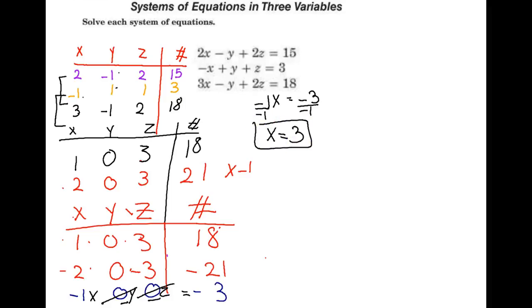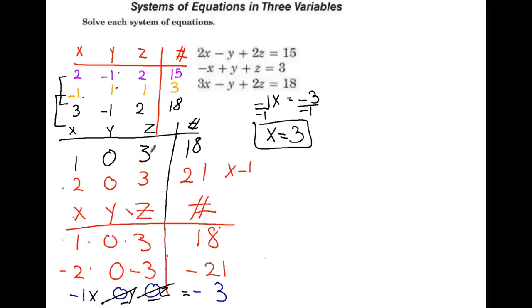Once we find the first variable, we need to look for an equation that has two more unknowns, and one of them has to be x. If I look at this equation, no zeros, so I cannot use this one. This one has a 0, so we still need x and z, so I can use this one because it has the x and one more unknown.